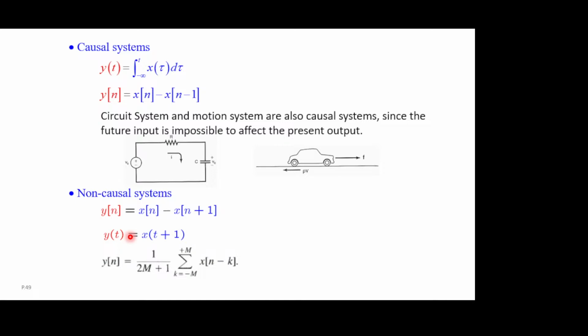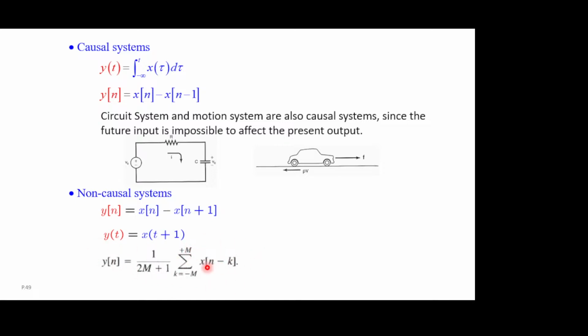Or this is something else. If you are averaging over x of n a little in the past and a little to the future, this is some smoothing filter we'll talk about later. This thing looks at x of n and goes from past m steps to future m steps and averages them together.